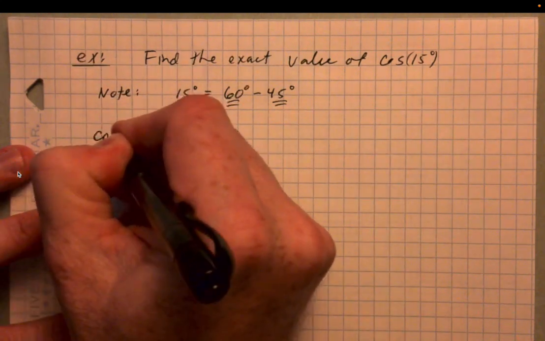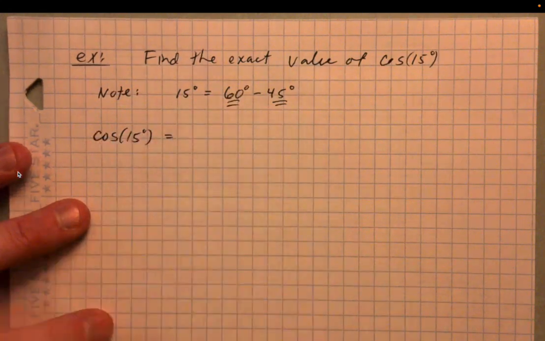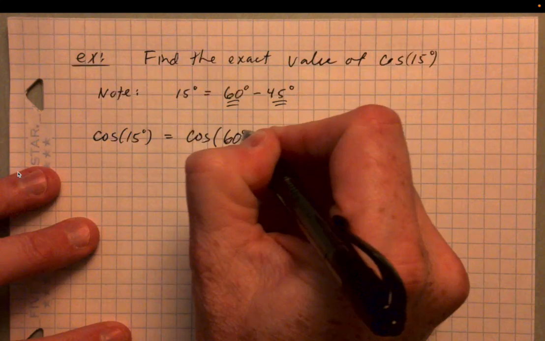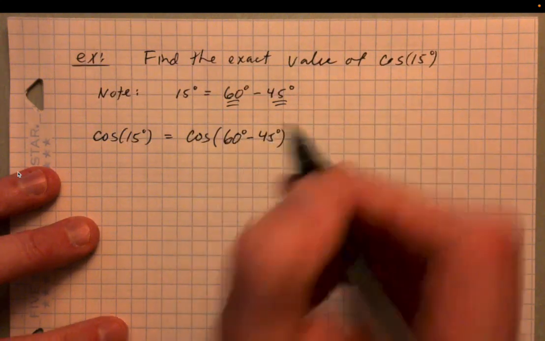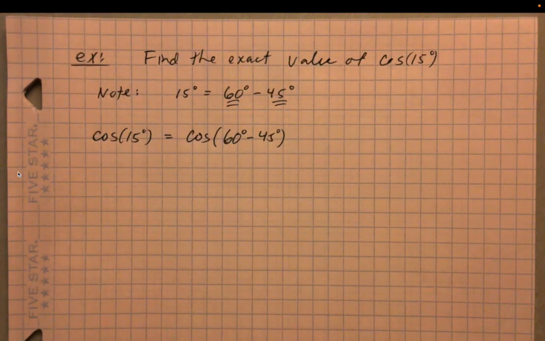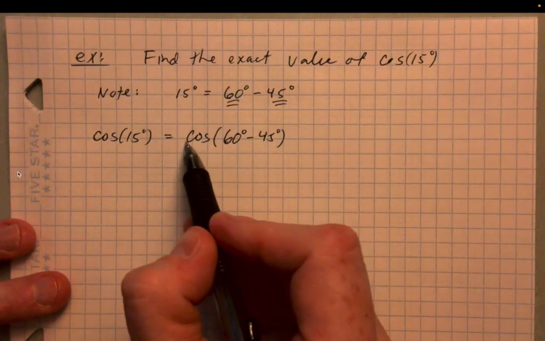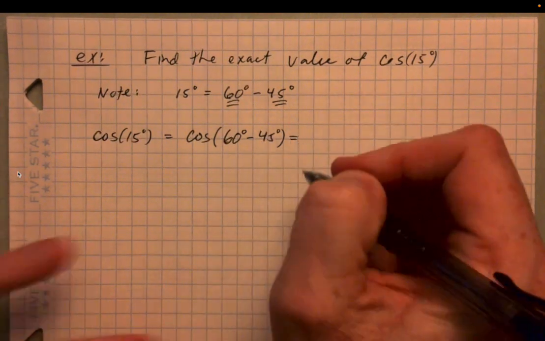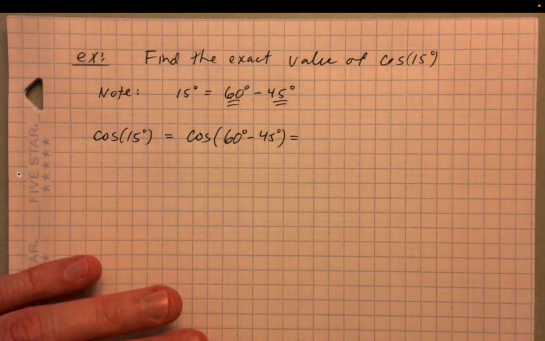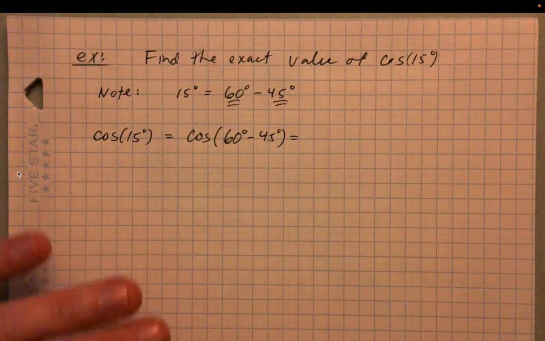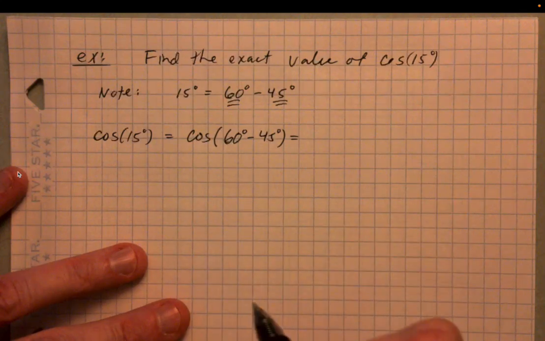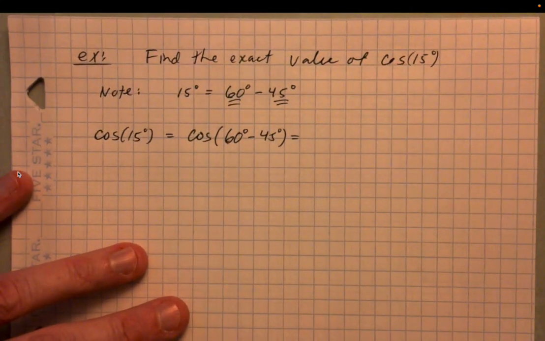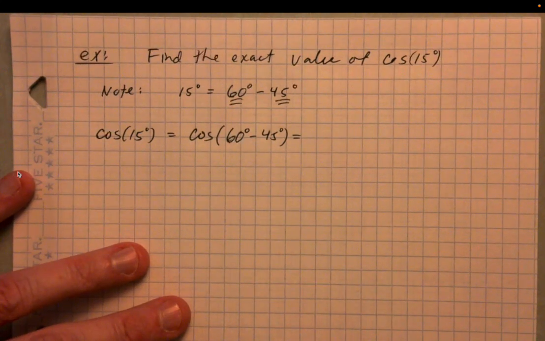We say cosine of 15 degrees is equal to cosine of 60 degrees minus 45 degrees. Right, that's true, and this is just like your cosine of alpha minus beta. And so we can just reference the formula that we just wrote down. We know that the cosine of alpha minus beta is equal to the cosine of alpha times the cosine of beta plus the sine of alpha times the sine of beta.